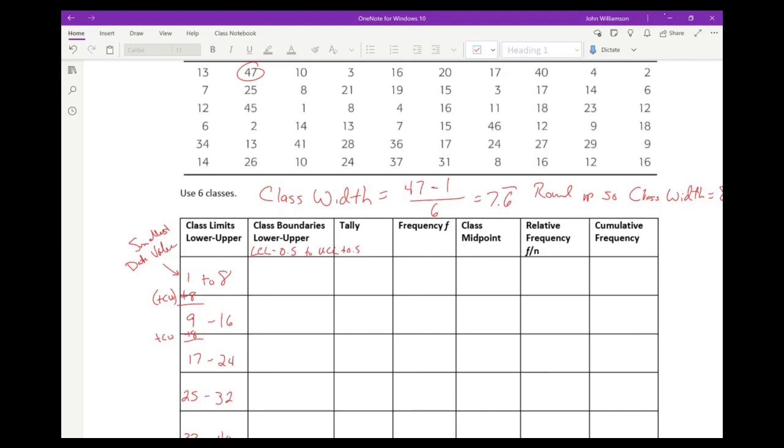Always. So here, my lower class boundary is going to be 1 minus 0.5, or 0.5. My upper class boundary for this first class, we add 0.5 to it. So it's going to be the 8 plus 0.5. So 0.5 to 8.5.